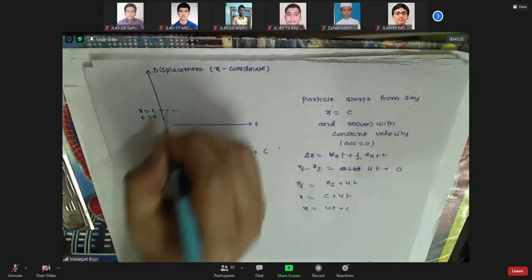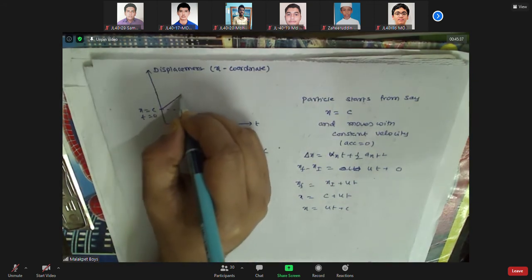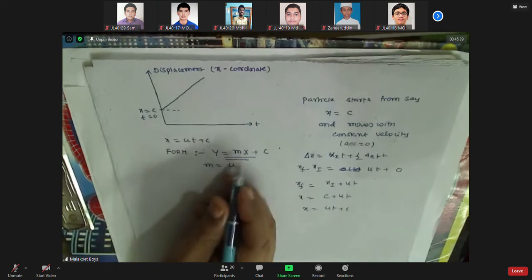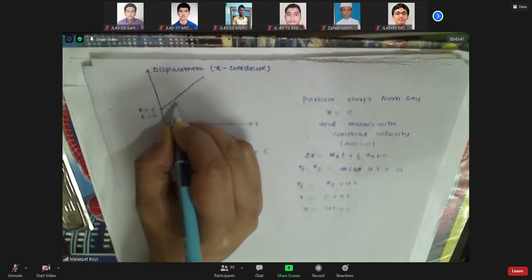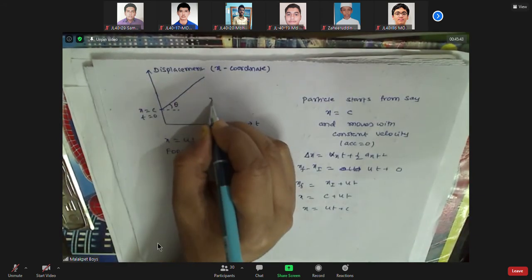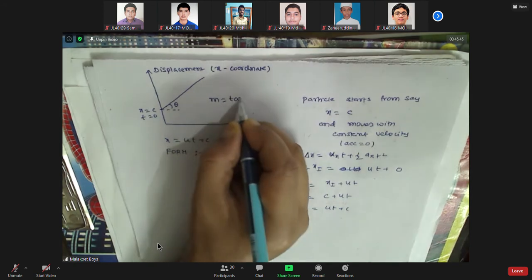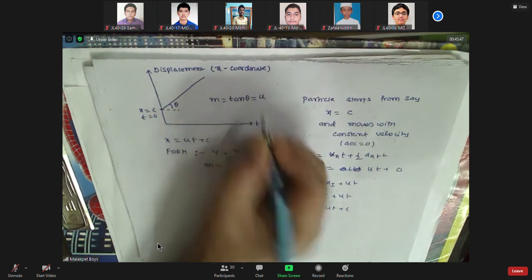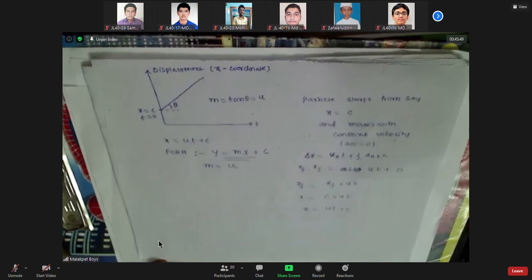After that, the x coordinate goes on increasing. Say this is theta. What you take, m is tan theta, that is nothing but u. Remember this or not?